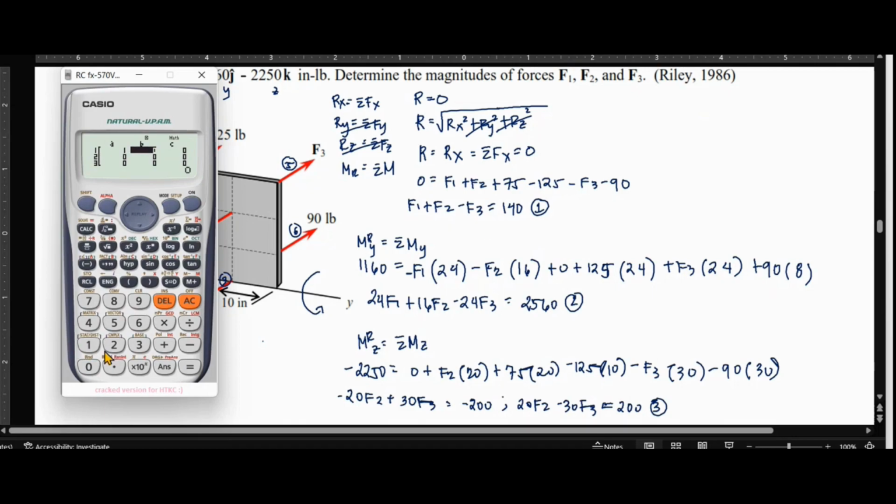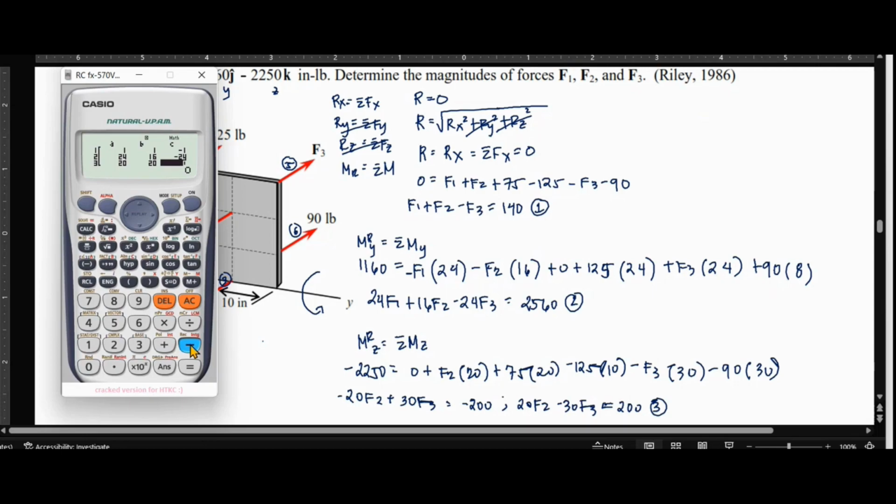So we have 1, negative 1, tapos 140. Next, we have 24, 16, negative 24, and then 2560. Next, we have 20, negative 30. Sorry, F1 is 0. So this is 20.